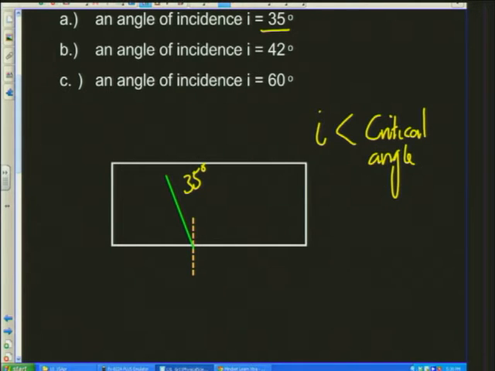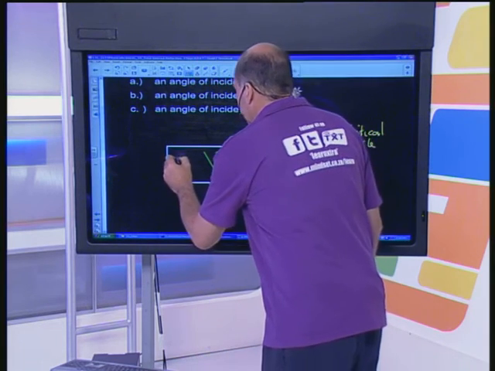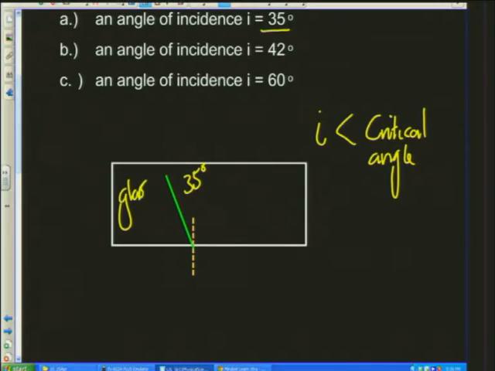So what's going to happen? If it's less than the critical angle, remember this is glass and this is air. The light is going to speed up when moving from glass to air, and if it speeds up, it bends away from the normal. So the light is going to travel in this direction, and it's going to bend away from the normal.